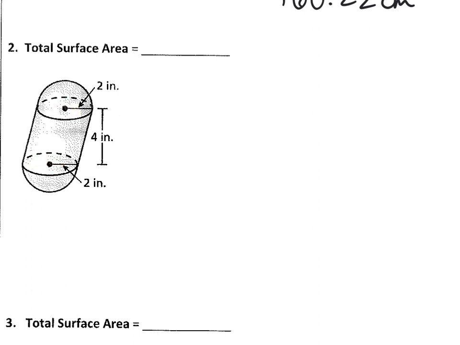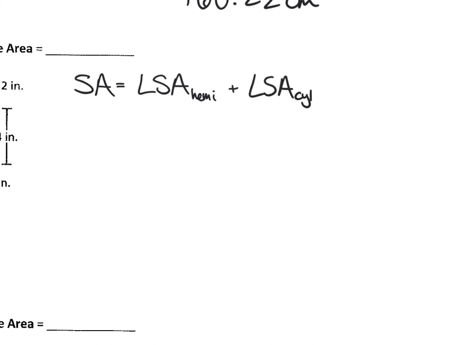So really what I did, for the surface area of this shape, I took the lateral surface area of the hemisphere because I don't want the base, and I added the lateral surface area of the cylinder because I don't want either of those bases. And then I added another lateral surface area of the other hemisphere. Yes, I know 2 hemispheres make a sphere. I'm just telling you this is one of the ways we could have done this.